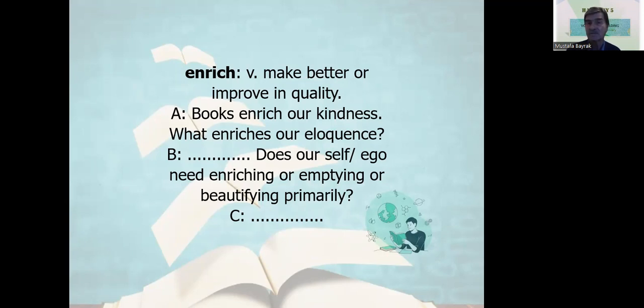The experts say that emptying from the negative things, and then it requires being enriched with positive things, positive ideas, positive strategies, tactics, traits and qualities.